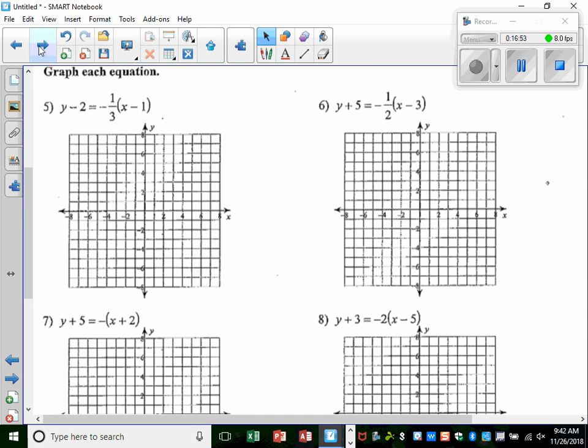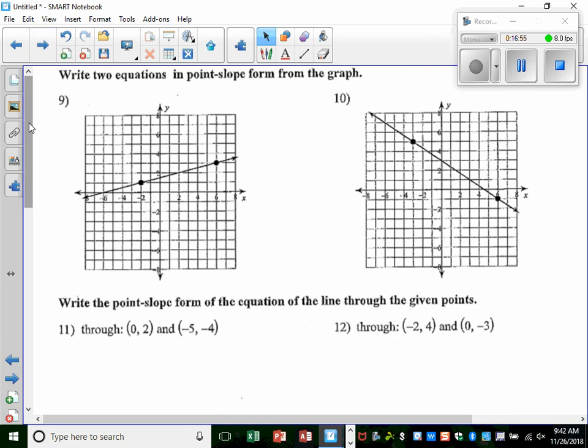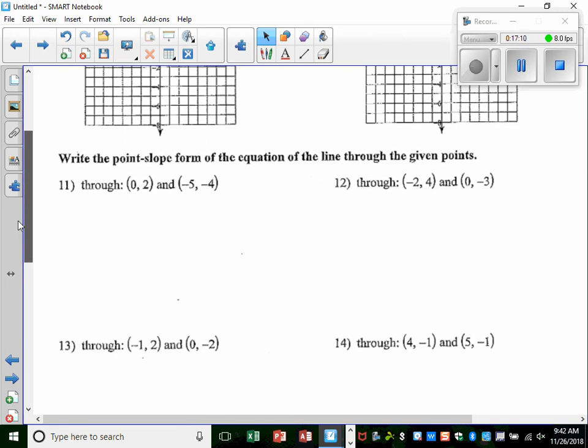Now go over to the next page, page 2. They identify 2 points for you. So you're going to write both equations, but the first thing you would have to do is obviously find the slope. These are the exact same examples you have in your foldable.